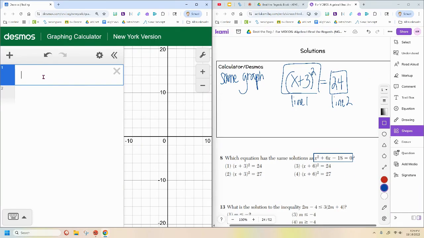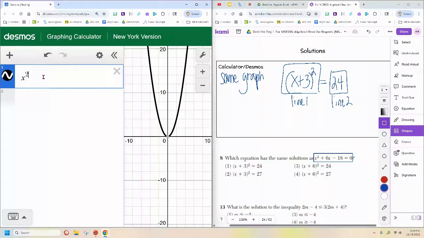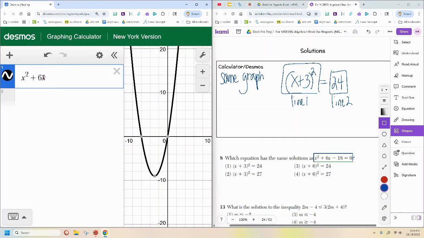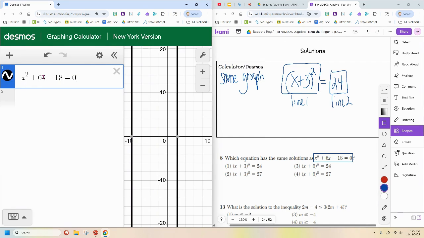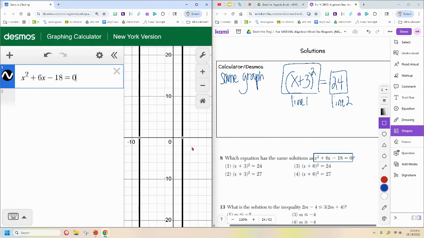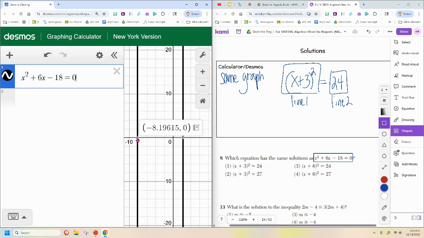If we type in x squared plus 6x minus 18, we get the parabola. As soon as I put equals 0, that parabola is gone. Those are straight lines. And I have 2 different answers here.